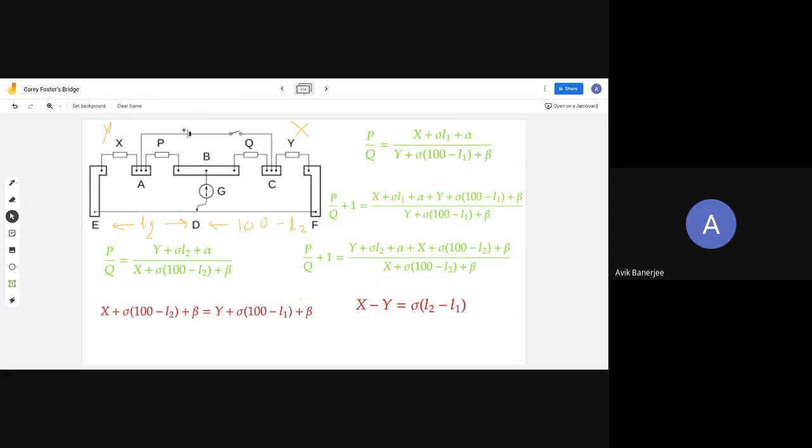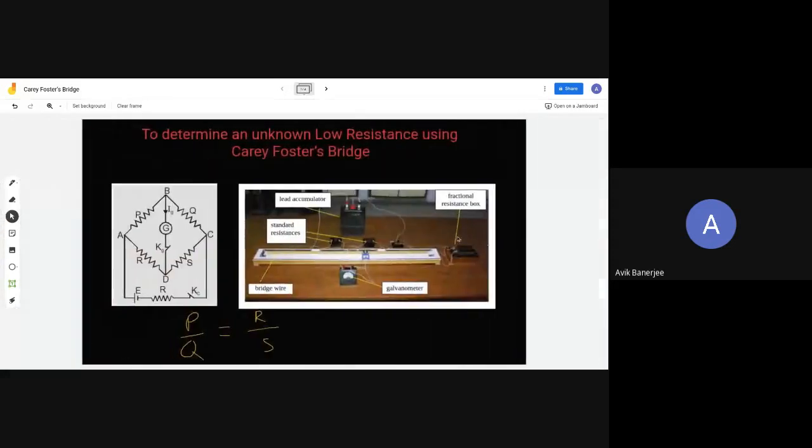Okay, so if we do that, একবার এদিকে পয়েন্ট সে আমি এ লাগালাম, এ রেজিস্ট্যান্স লাগালাম, and we are finding out the null point, and the length of the wire is say L2, and when it is connected at this point, this gap, the length of the wire showing the null point is L1.